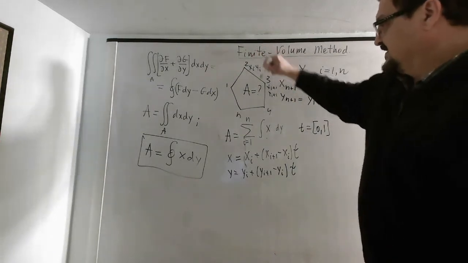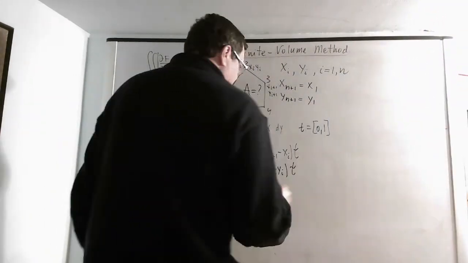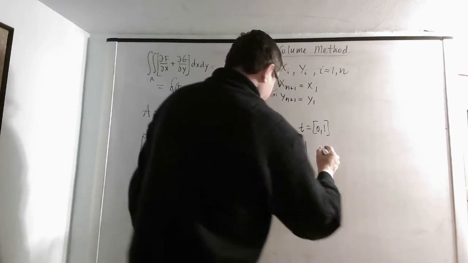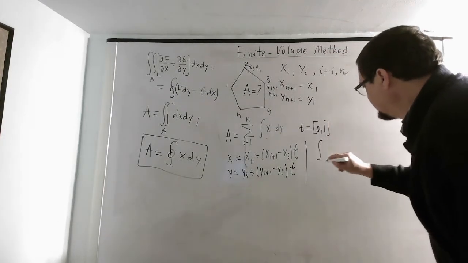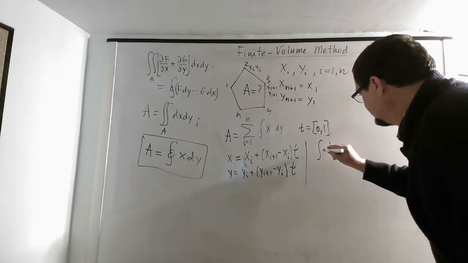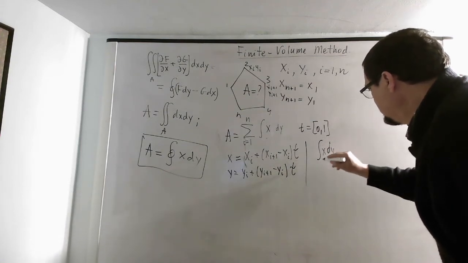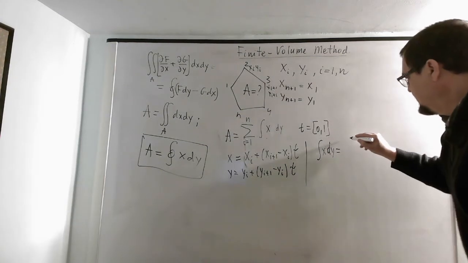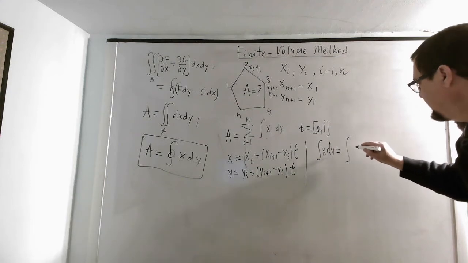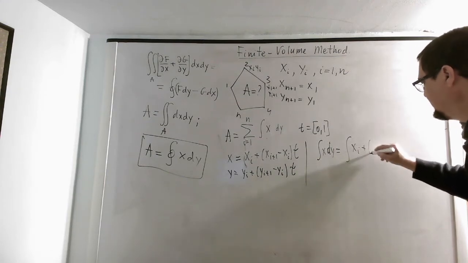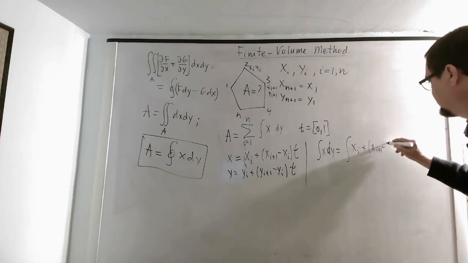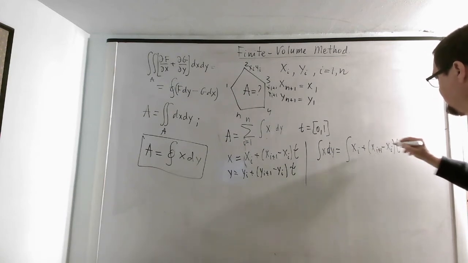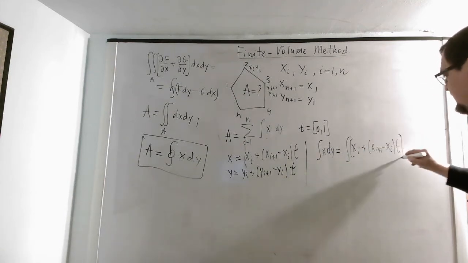This way we replace this integral. The integral of x dy becomes the integral of x, which is xi plus (xi plus 1 minus xi) t, times dy.